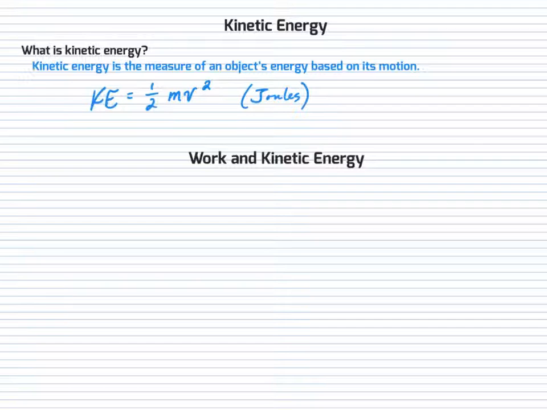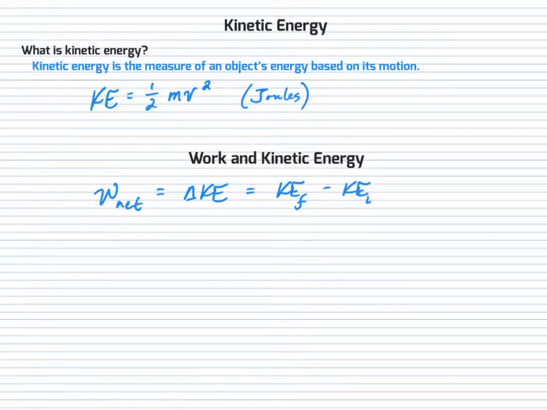So if work is being done on an object, that object's motion is being changed. So what we can say is that the total work done, or work net, is equal to a change in kinetic energy. And this change in kinetic energy is just kinetic energy final minus kinetic energy initial.